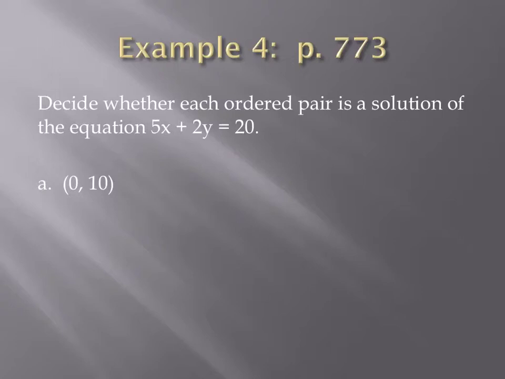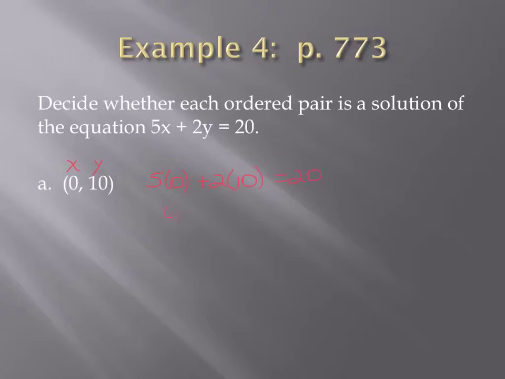Example 4, decide whether each ordered pair is a solution of the equation 5x plus 2y equals 20. So for my ordered pair, remember x is first and then y. So we're going to rewrite the equation with x being 0 and y being 10 to see if it's still true. So I'll rewrite this as 5 times 0 instead of 5 times x plus 2 times 10 equals 20.